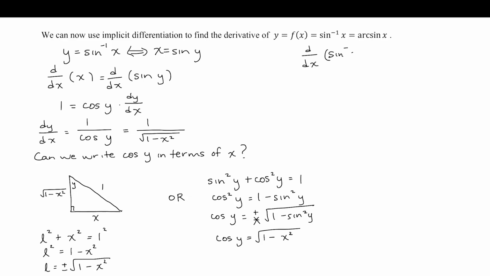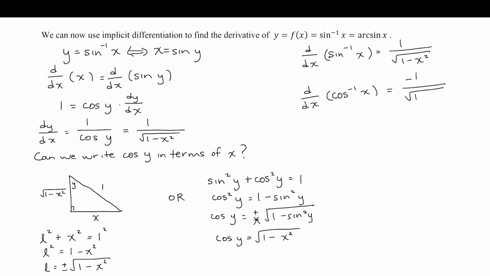Either way, I have that the derivative with respect to x of the inverse sine of x, let me just write that a little more neatly, is 1 over the square root of 1 minus x squared. Now, I'm not going to go through the derivation, but I might ask you to on a quiz or a test, so maybe you'd like to go through them for yourself.